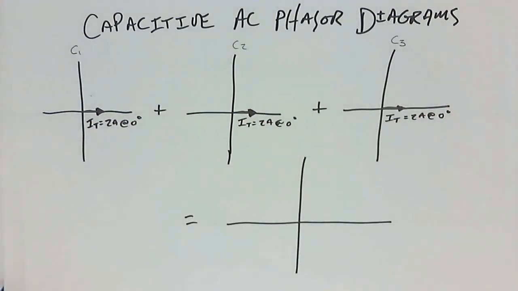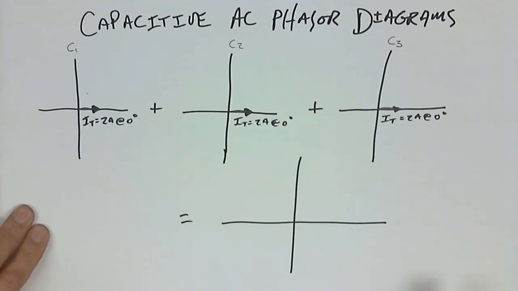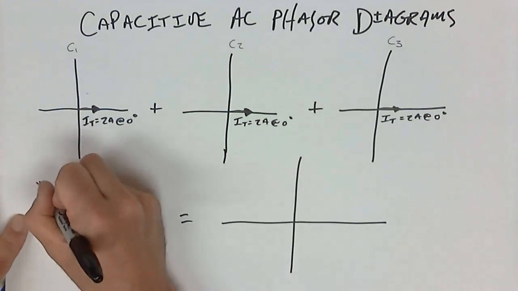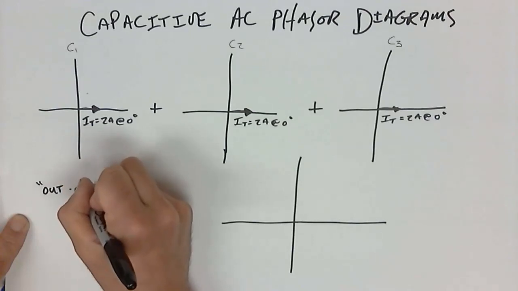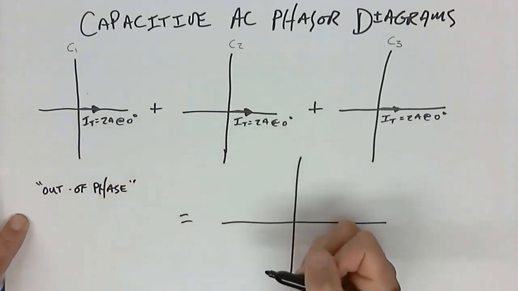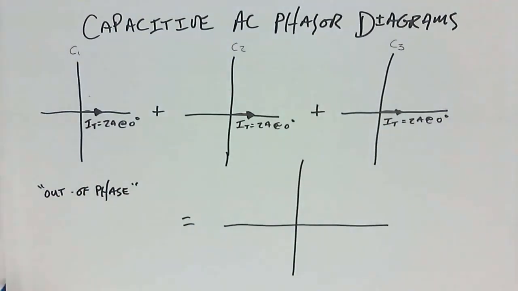What about the voltages? Well, just like in an inductive circuit, a capacitive circuit is considered to be out of phase. If it's out of phase, we need to know by how much. And in electrical physics in general, what we'll notice is that we have opposites.